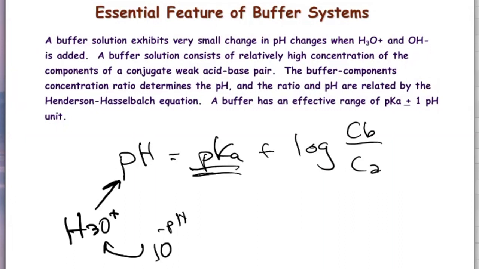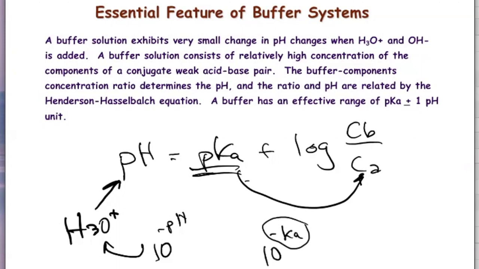And you know the pKa of that acid because it's just the negative log of Ka, which is going to be found in a table somewhere. Whatever the equilibrium constant for the dissociation of that acid happens to be, that's your pKa.